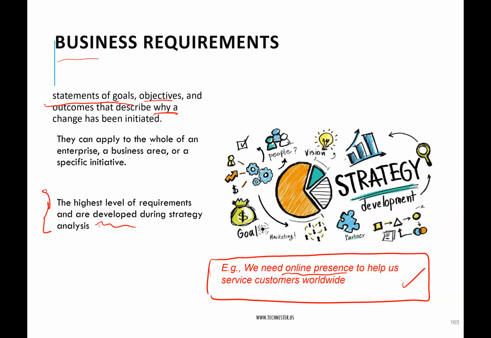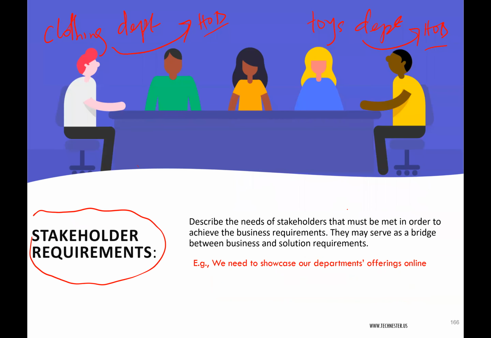So you take this business need and you now have a meeting with stakeholders and say, based on the organization's goal of increasing their online presence, what would you need? What would your department need? And then people start talking, okay, my department is finance. We need somewhere to share financial data, report, yearly report, annual report, and so on. My department is clothing.